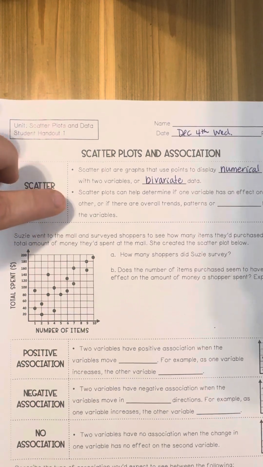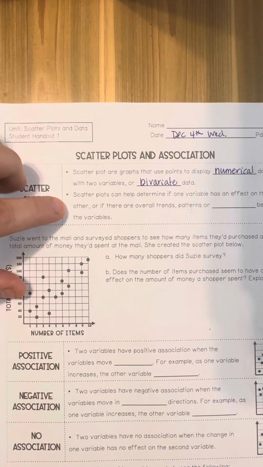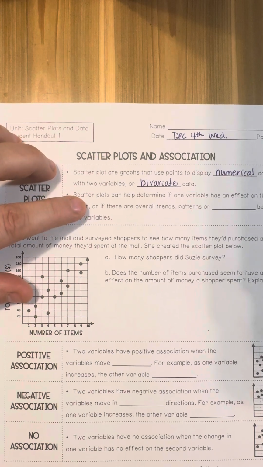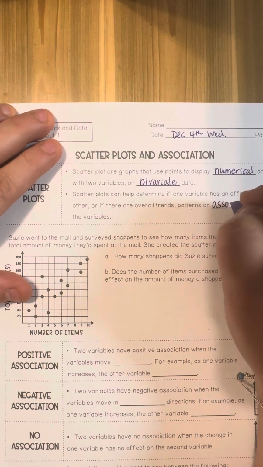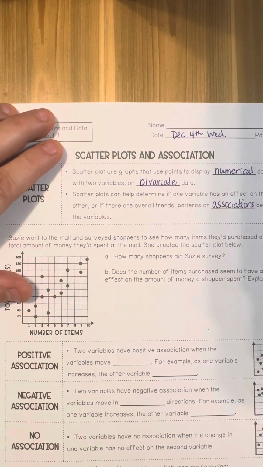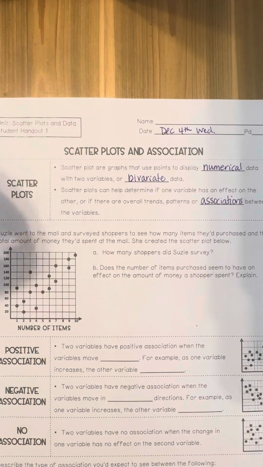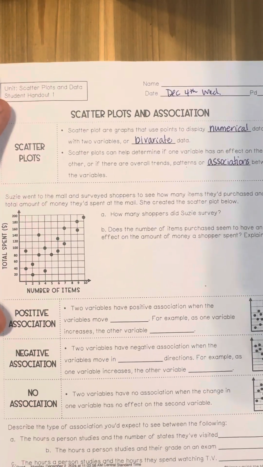Scatter plots can help determine if one variable has an effect on the other, or if there are overall trends, patterns, or what we call associations between the variables. So again, we're going to look at whether one causes the other, that cause and effect, independent and dependent.